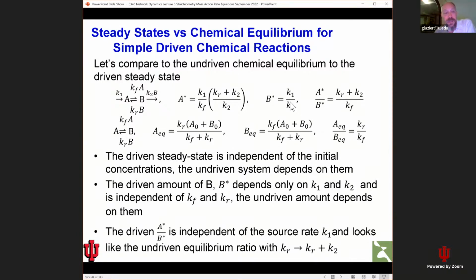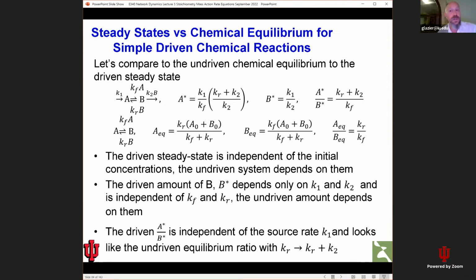What is Kr plus K2? Kr plus K2 is the rate at which I lose B. B is turned into A at a rate Kr. It's turned into nothing at a rate K2. And so effectively, in the driven one, I have two ways of getting rid of B. And so my Kr is replaced by that sum.